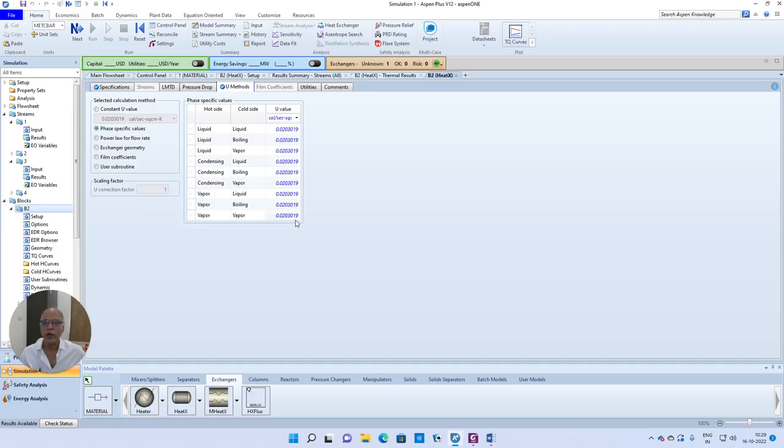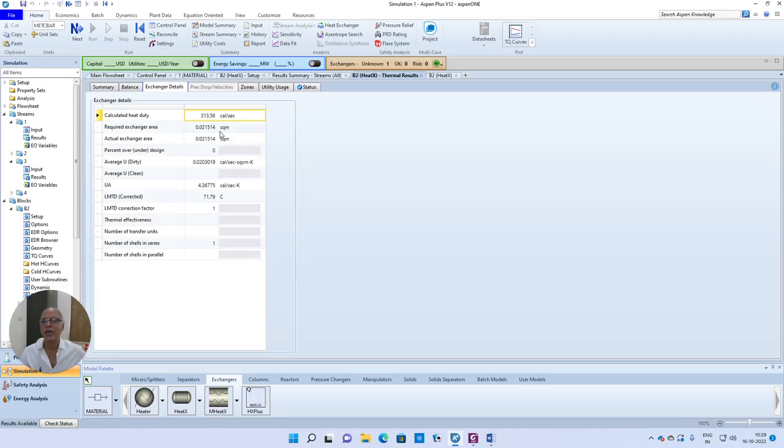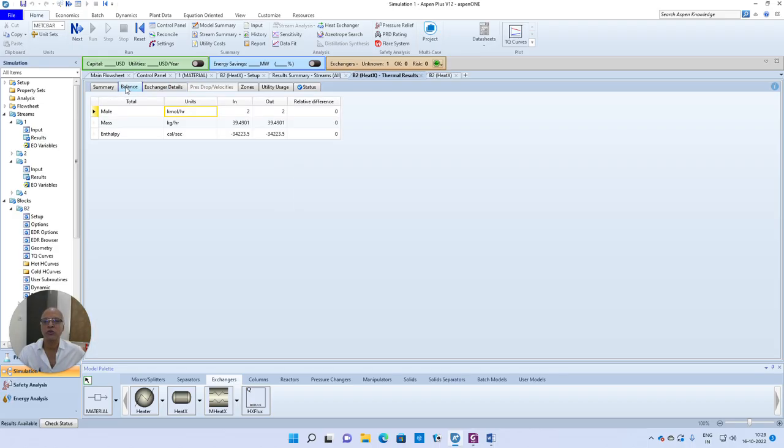Only when you specify the proper value of overall heat transfer coefficient will you be in a position to calculate the area of the exchanger. Remember, the design details are limited to only calculating the area, but you will not be able to do other calculations like shell diameter, tube diameter, number of tubes, and so on.